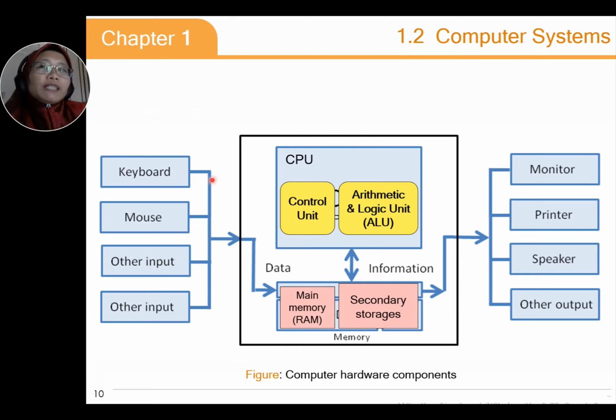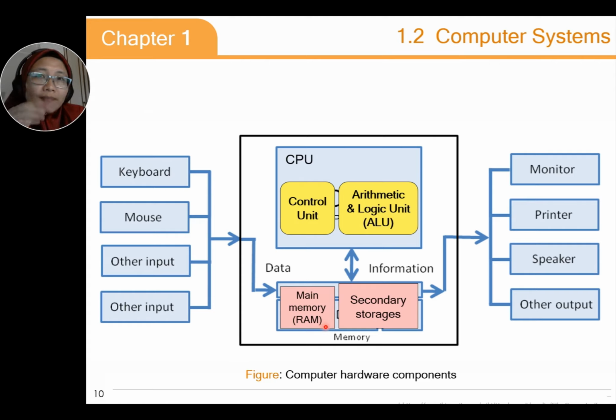All right, so this input device will send data into, so what about this one? In the previous slide, this is memory, but here we see two pink boxes. We have the main memory, which says RAM. What does RAM stand for? Don't worry, it will be in the next slide.